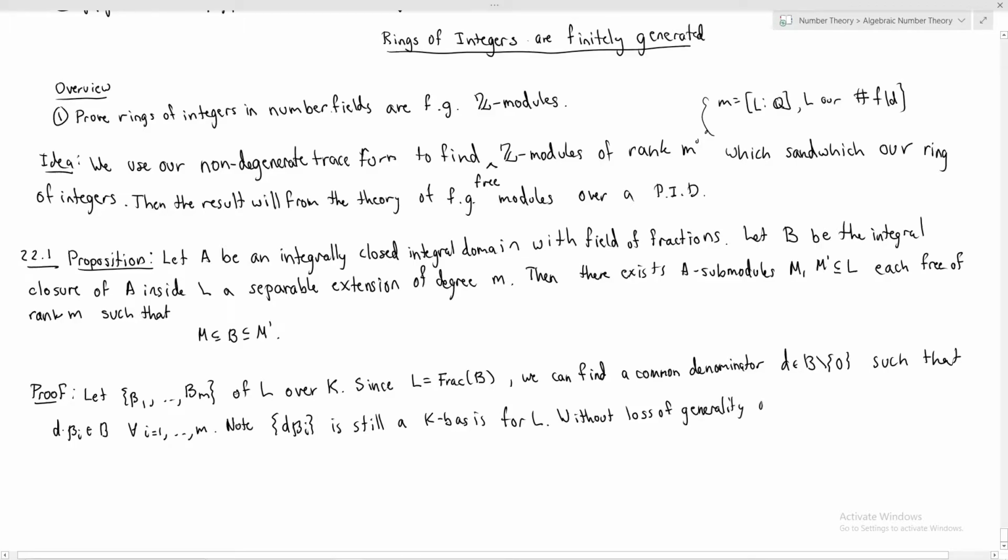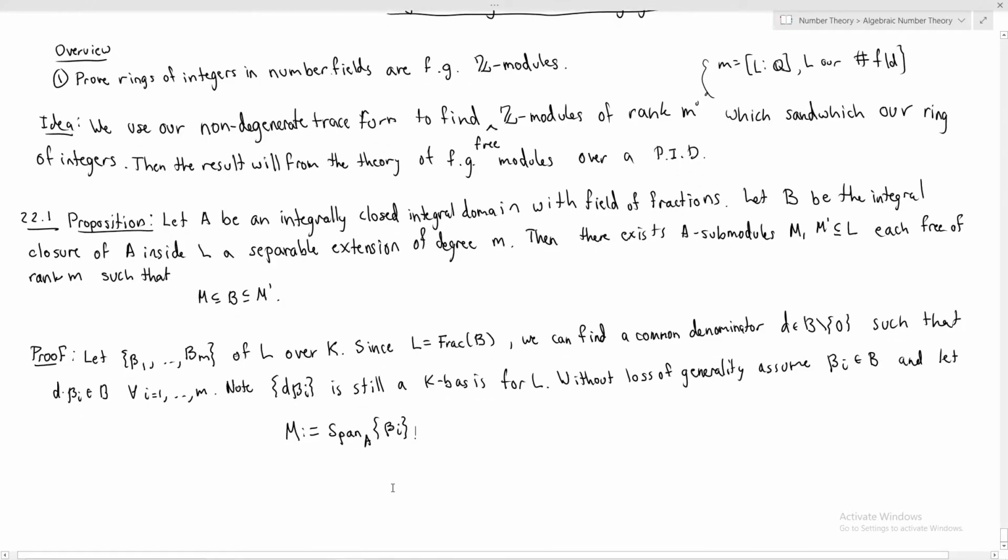So let's just assume that beta i was in B. And we're going to let M, this is our first guy, be the A-span of the beta i's.